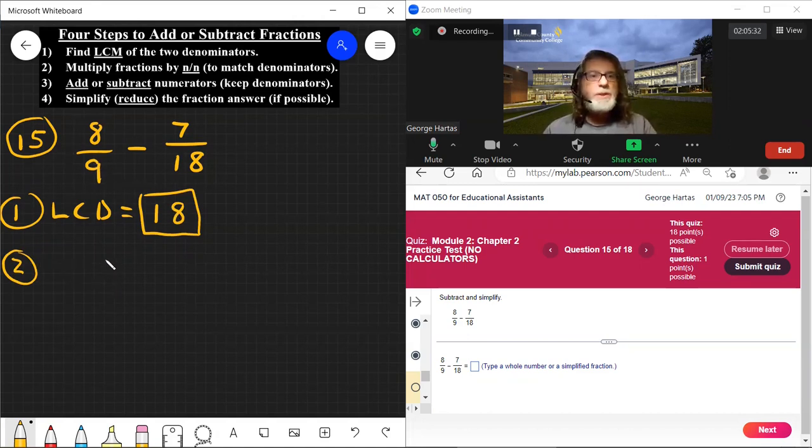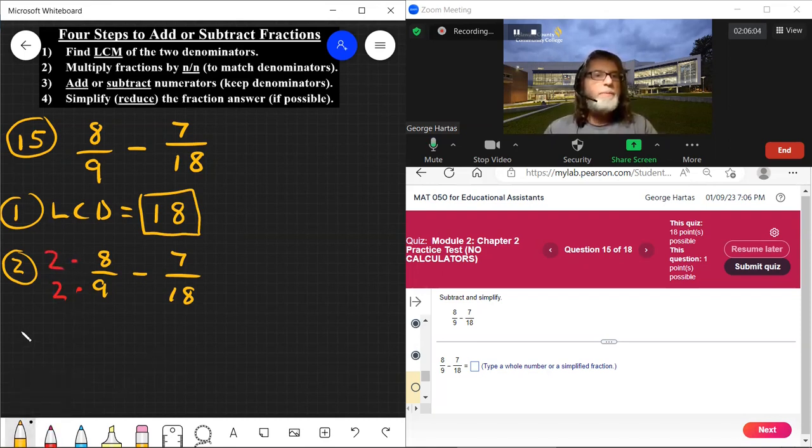So leave some space in the front. 8/9 minus 7/18. This is going to stay the same because the denominator is the LCD. We put a multiplication dot in the denominator and ask ourselves, what times 9 is 18? And that would be 2. If the denominator is 2, the numerator has to be the same.